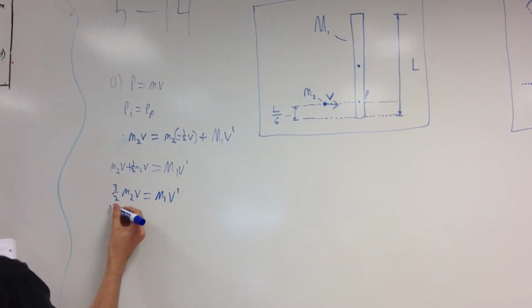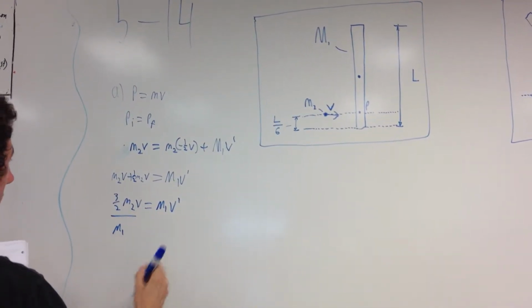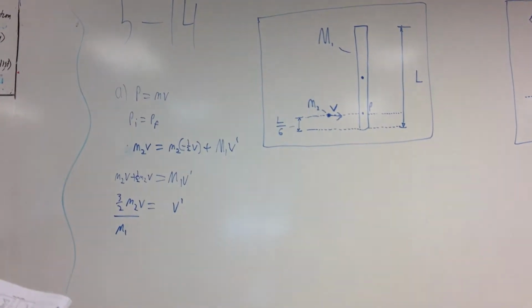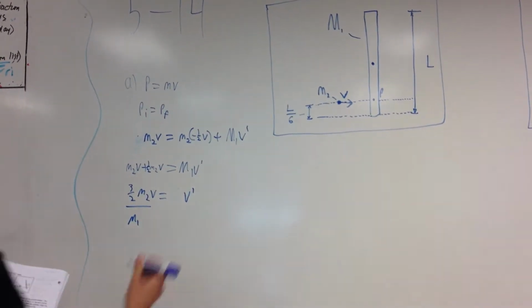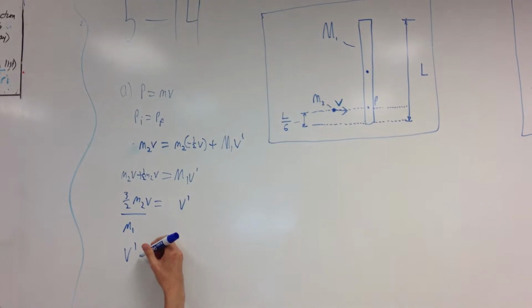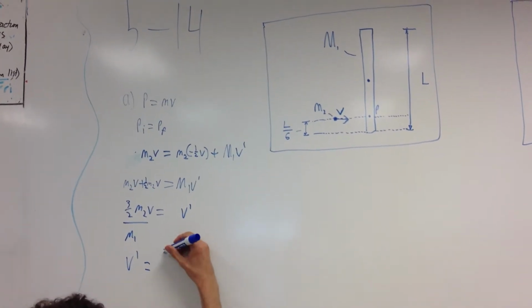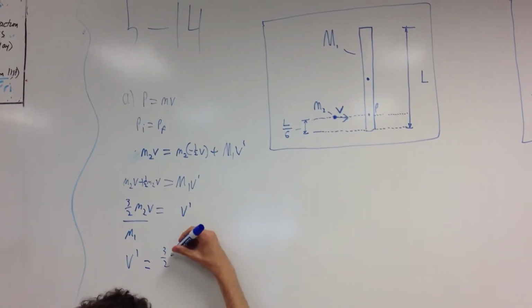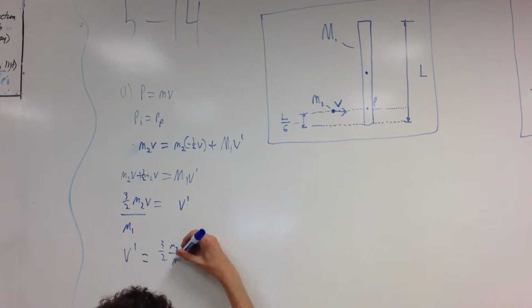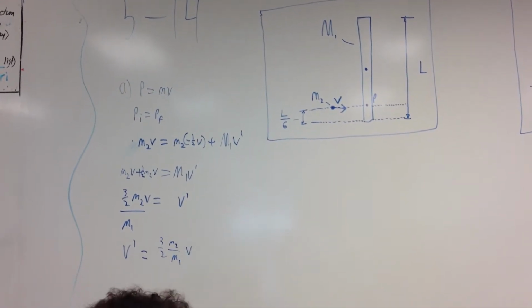Now I'm going to divide by m1. So you should end up getting v prime equals 3/2 m2 over m1 times velocity.